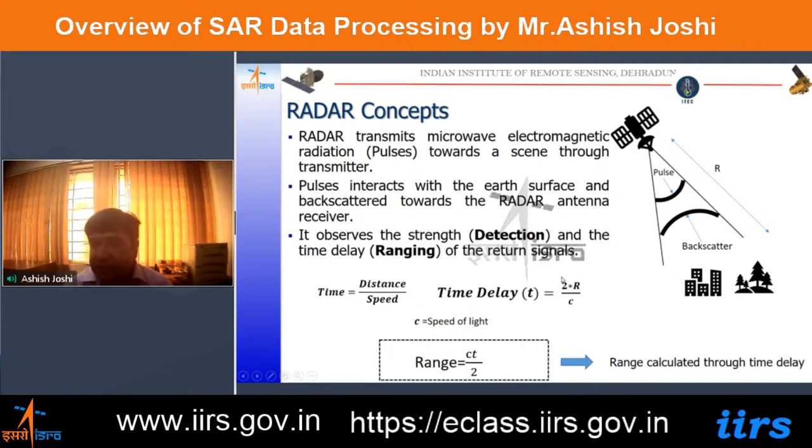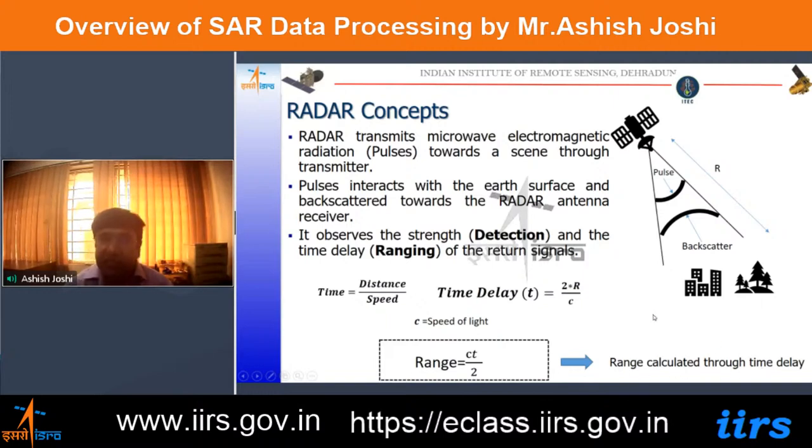So the total distance traveled is 2r, and it travels with the speed of light, c. So the time delay is given by 2r by c. From that we get the range as c t by 2. So this is the range calculated through the time delay.